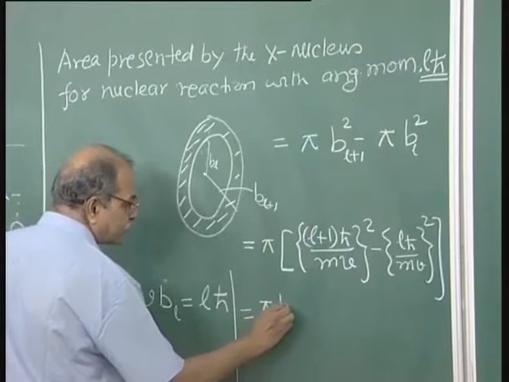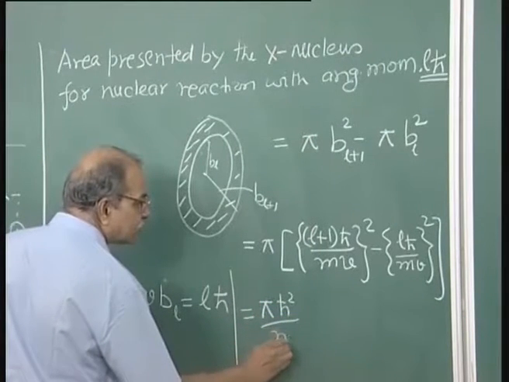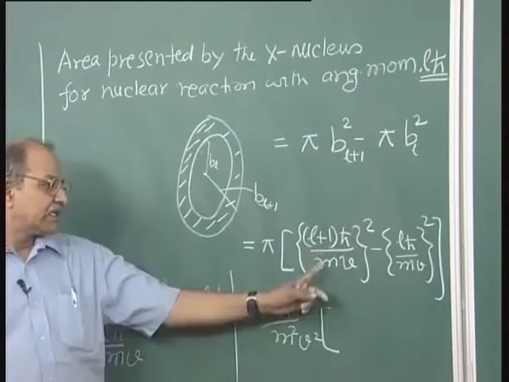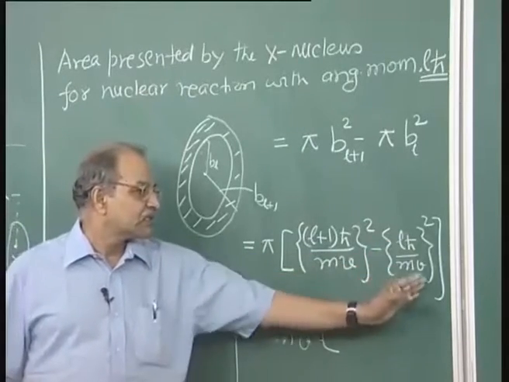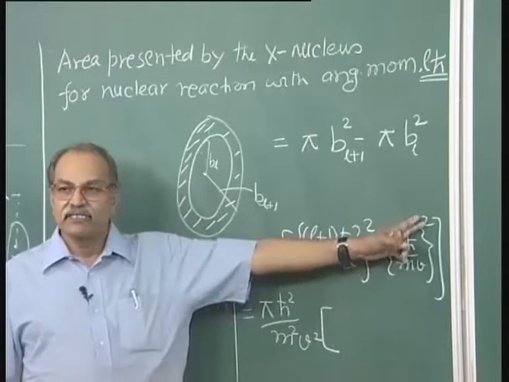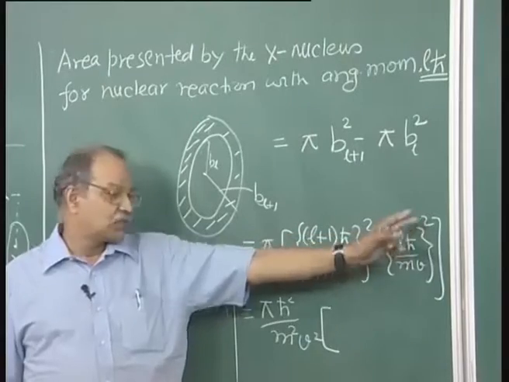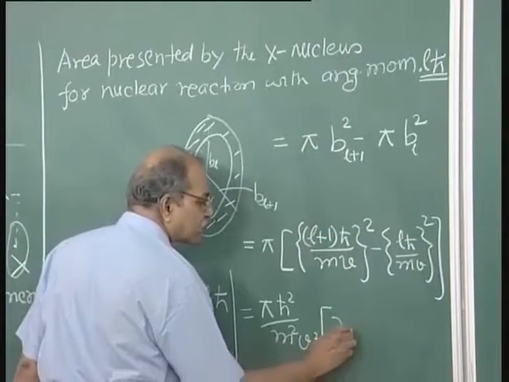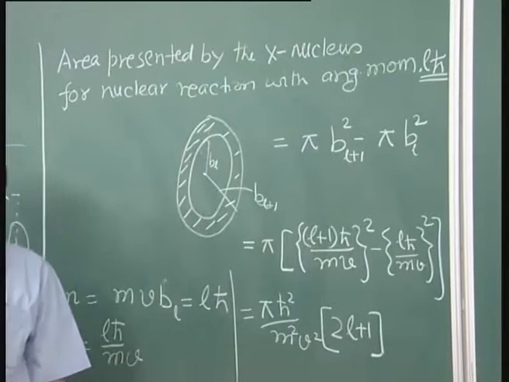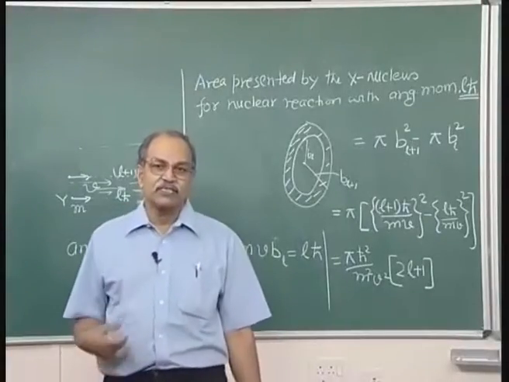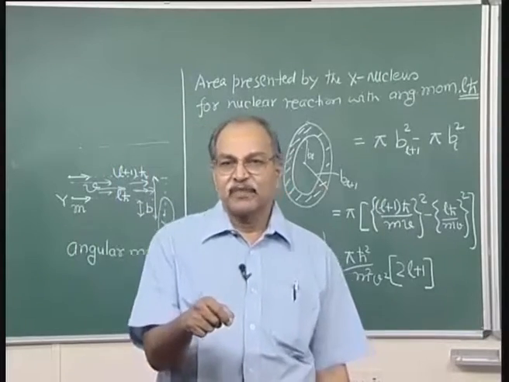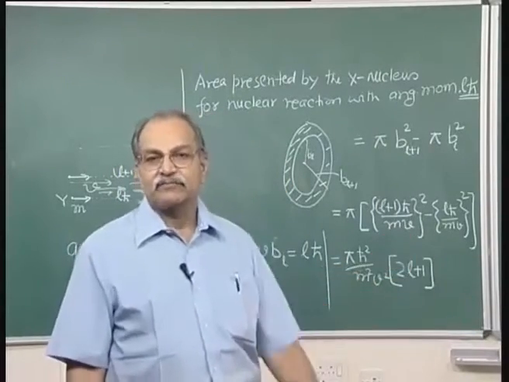Pi here, h cross square by m square v square here. So, I have taken h cross square by m square v square out. It is L plus 1 square minus L square, which will be 2 L plus 1. So, it is 2 L plus 1. So, the area presented by this X nucleus for nuclear reaction with angular momentum L h cross is this.